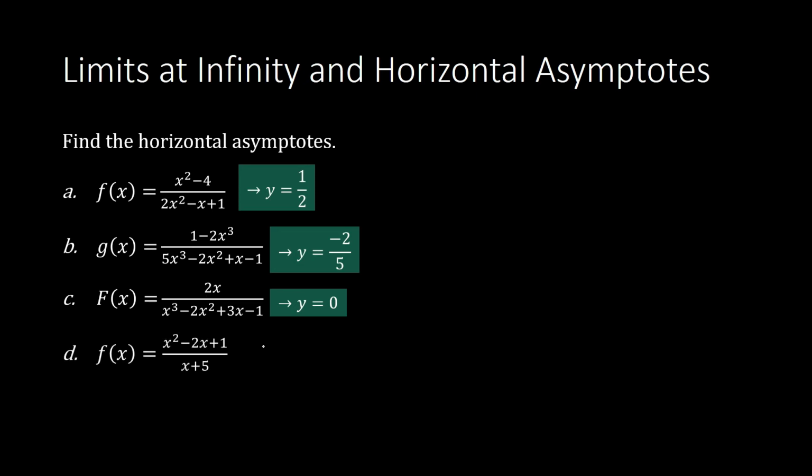This one, n is equal to 2, m is equal to 1, and so this one will not yield a horizontal asymptote. But later on, you will see that the asymptote for this rational function is an oblique asymptote. And I will show you later how to find the equation of the line for your oblique asymptote.